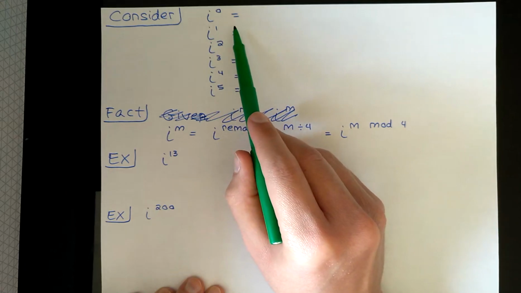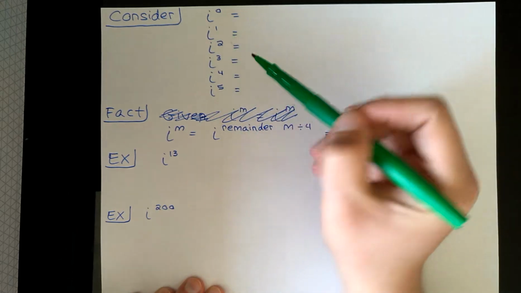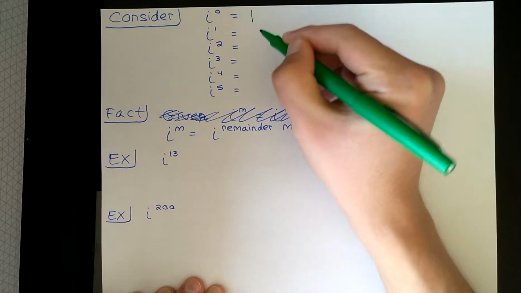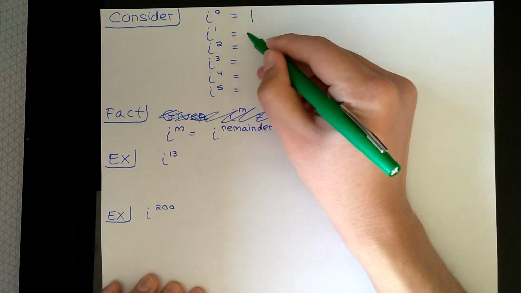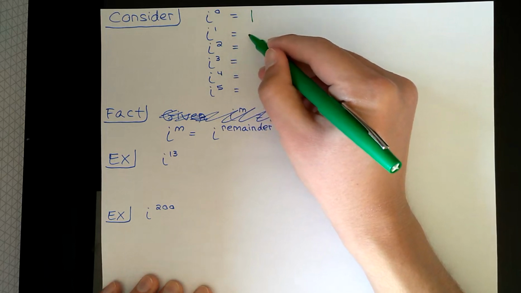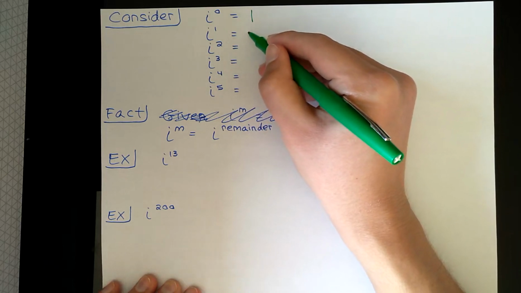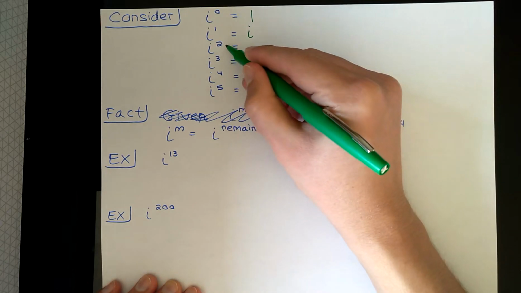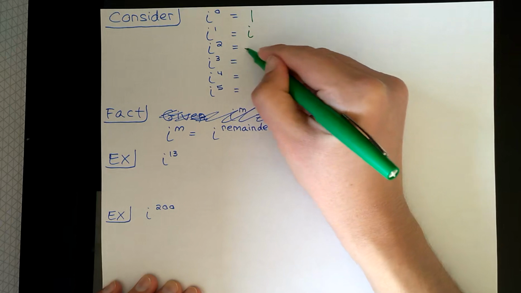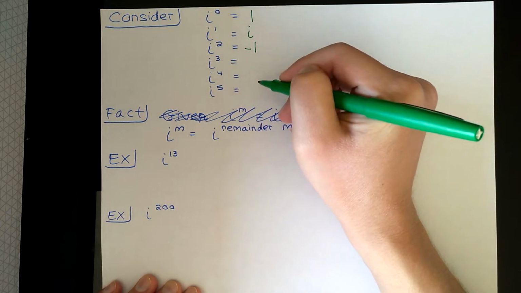Anything to the 0 power, except for 0, is automatically 1. i to the first power, we've already talked about that. That's just the square root of negative 1. That doesn't simplify. It's just i. i to the second power, we said, is negative 1.